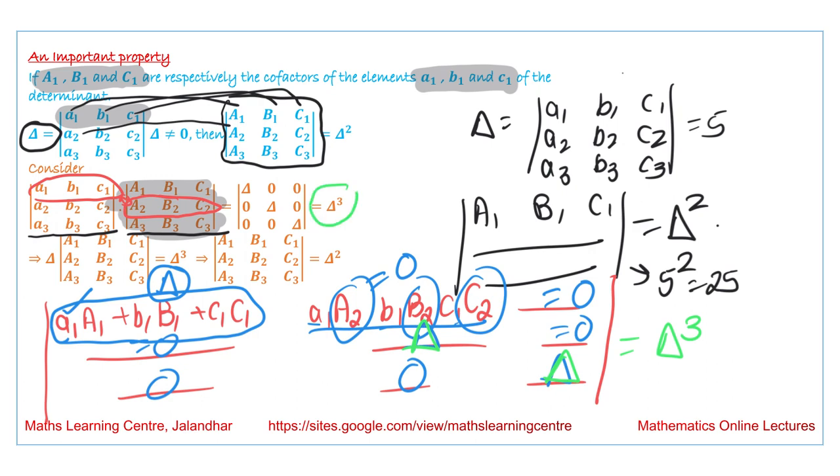We are saying that the determinant over here is delta cube. So what we have obtained is delta into this determinant, and the answer is equal to delta cube. So we obtain that the determinant of these cofactors will be equal to delta square, and this is what we had to prove. So we obtain this result.